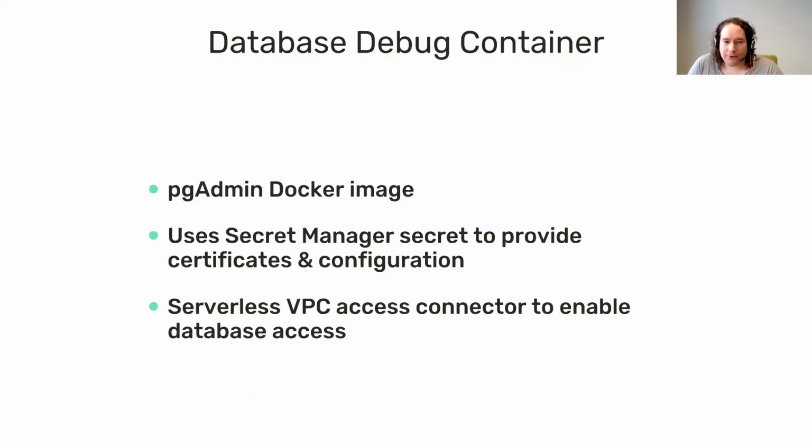This Docker image has a long startup time. I think for this use case as a debug container, it's fine. But if you have an application that is user-facing and people stare for a minute at a blank screen until something happens when they first open it, it might not be acceptable.